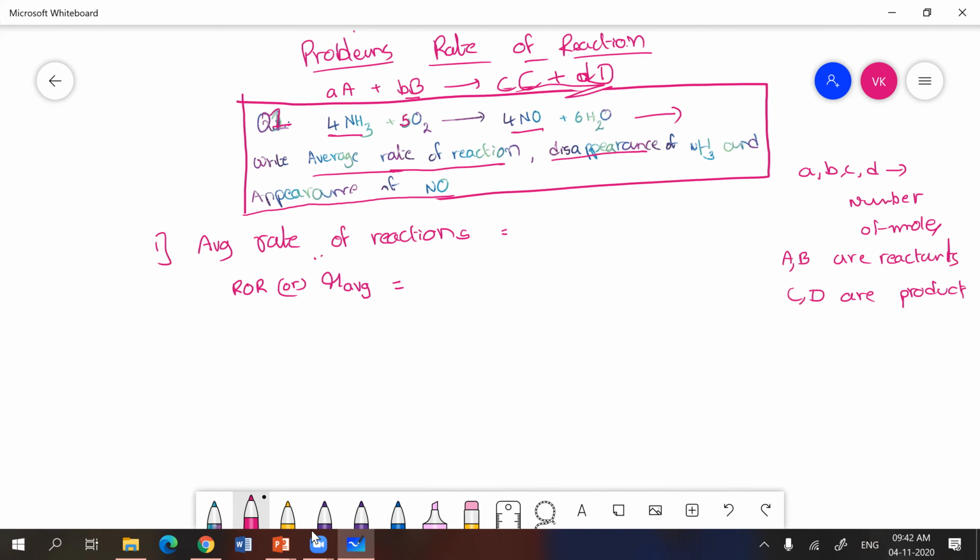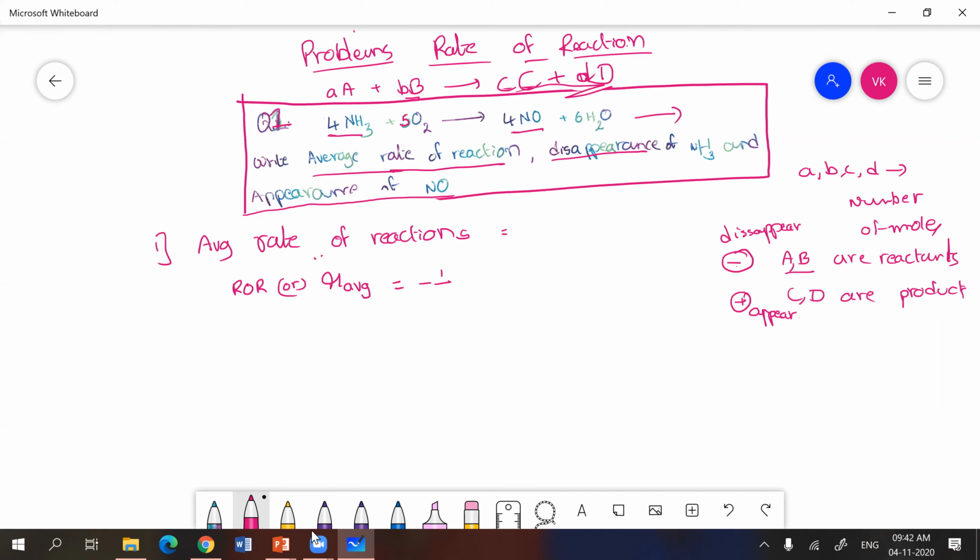Their concentration is decreasing, so decrease or disappearance has to be indicated with minus, and appearance with plus. Reactants are converting into products, so the appearance of products slowly increases. That's why for reactant terms you have to place a minus.